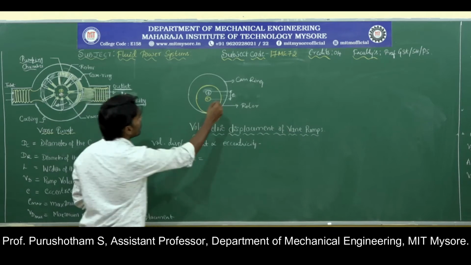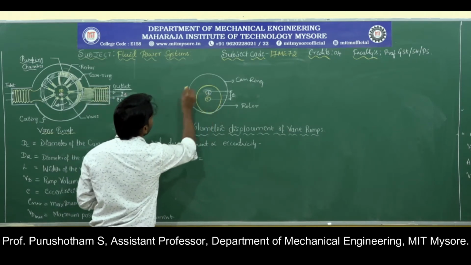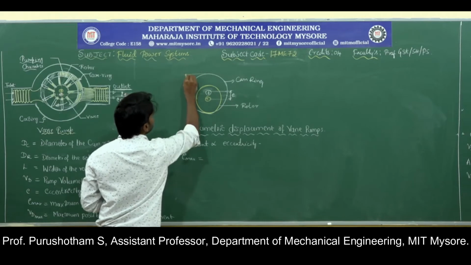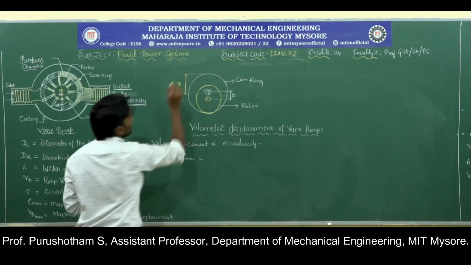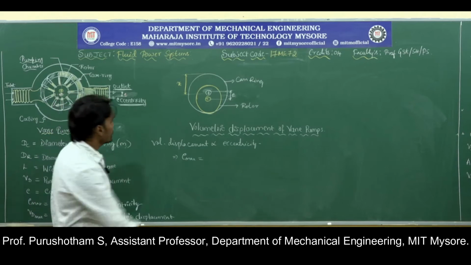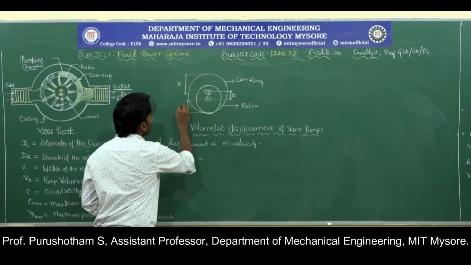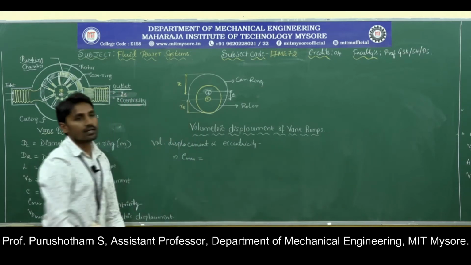Now the maximum eccentricity E max is given by, if you observe this, from ear to ear, this will be the radius of the cam ring, I will call it RC. Then from ear to ear, this will be the radius of the rotor, I will call this RR.